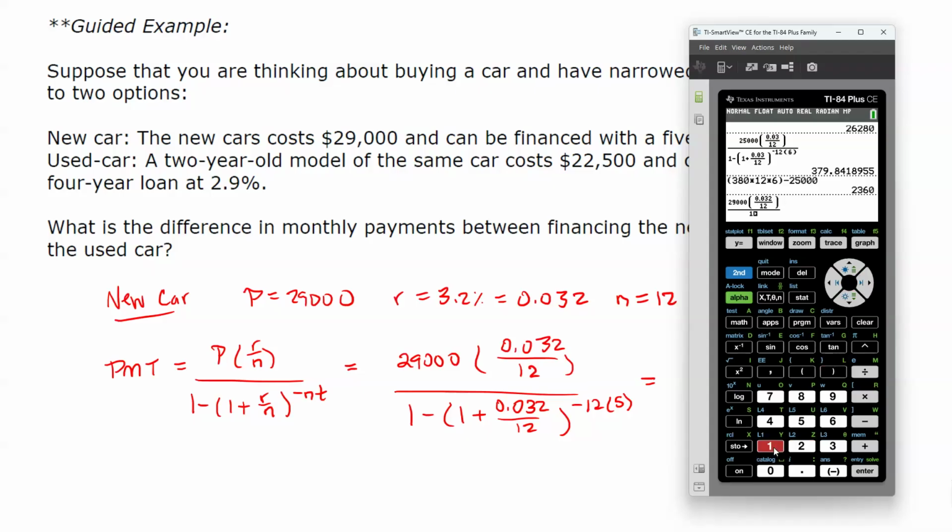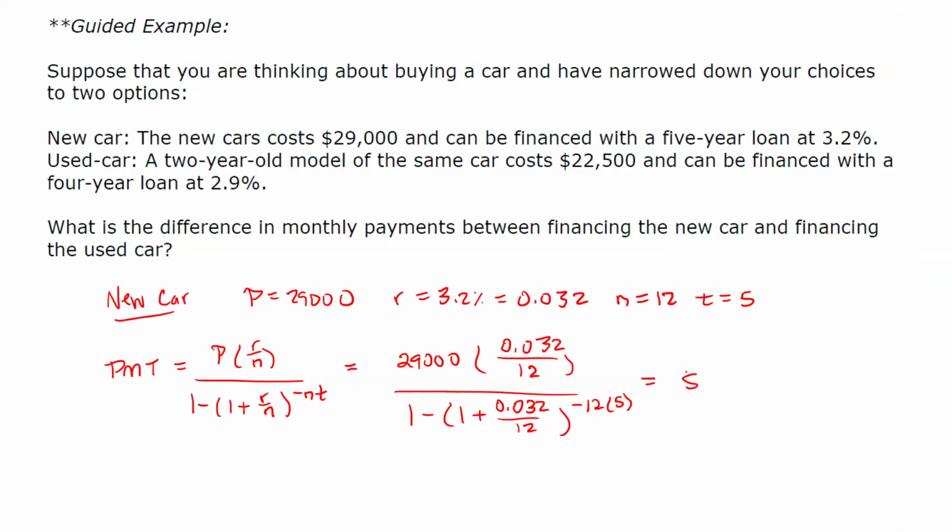Go to the denominator, 1 minus 1 plus 0.032 divided by 12 raised to the negative 12 times 5. So rounded to the nearest dollar, our monthly payment is going to be $533.